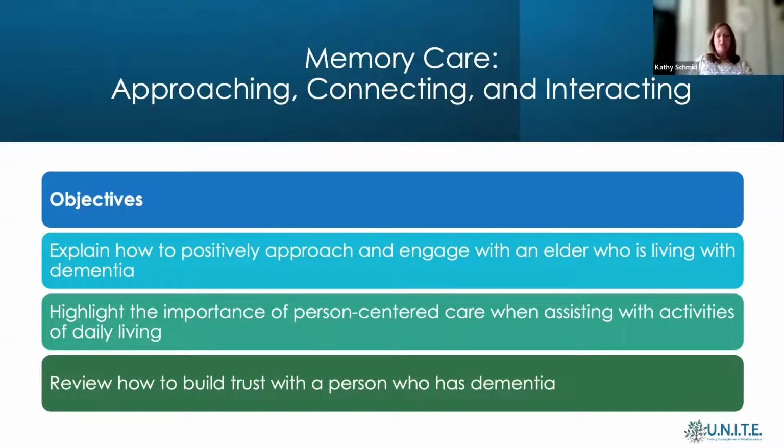Thank you, Tiffany. Caring for people living with dementia can be more rewarding if you utilize several approaches. That includes the way you approach somebody, how you connect with them, and how you interact with them. As we know, people living with dementia have a slower ability to process information, and in many cases, in the advanced stages, they may not have the ability at all.